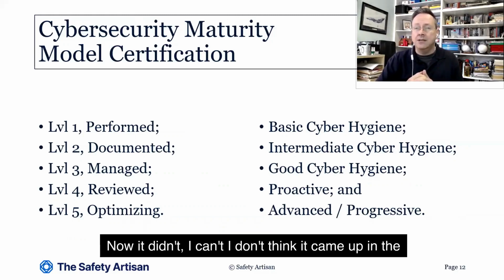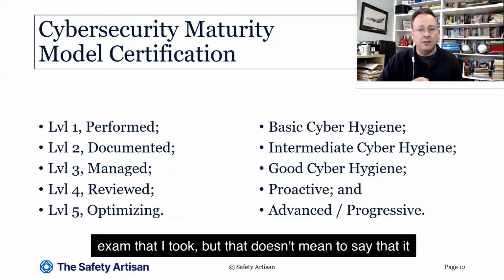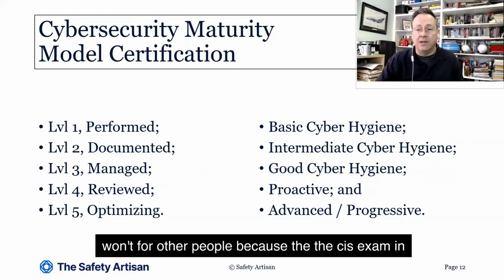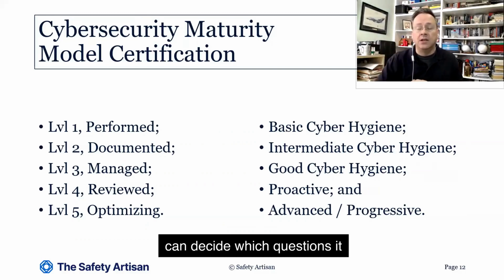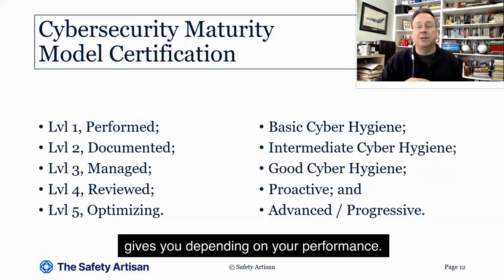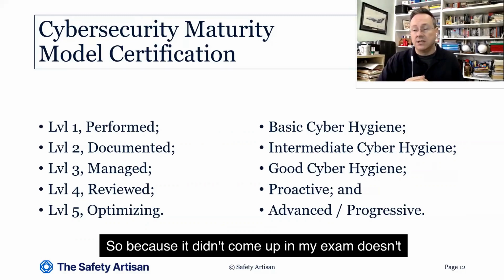Now, I don't think it came up in the exam that I took, but that doesn't mean to say that it won't for other people, because the CISSP exam in English is a computer-driven test, and the computer can decide which questions it gives you depending on your performance.